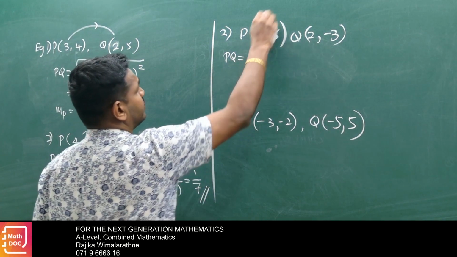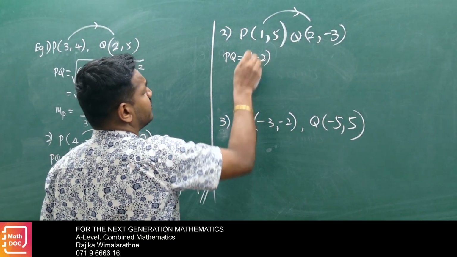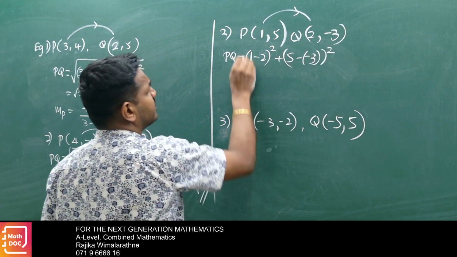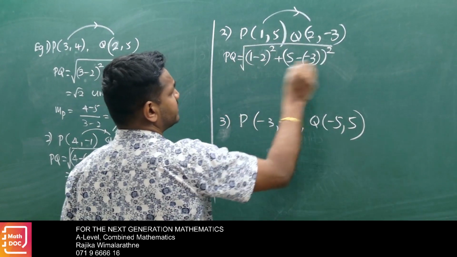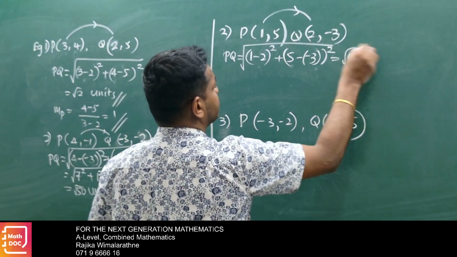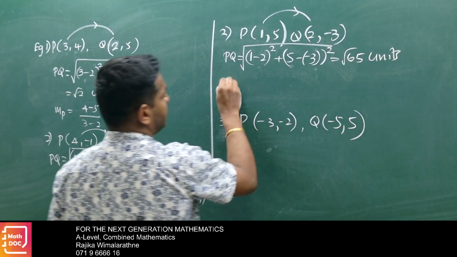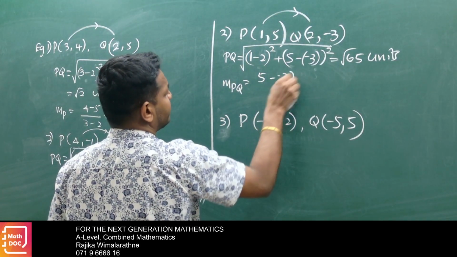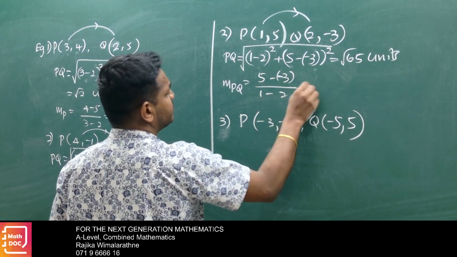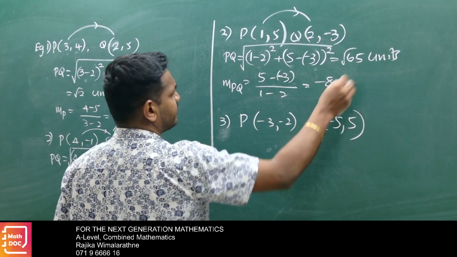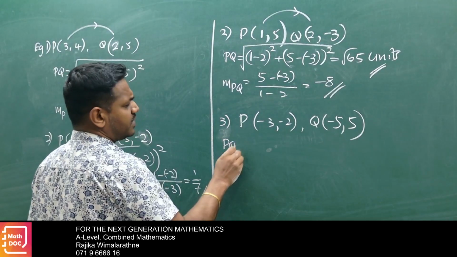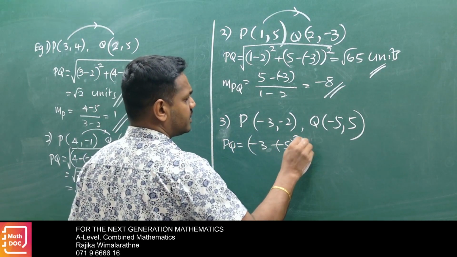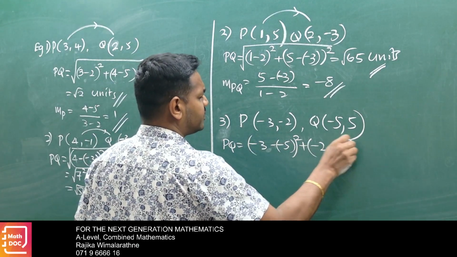Here PQ is the square root of 1 minus 2 squared plus 5 minus minus 3 squared. Here 8 squared, 64 plus 1, root 65 units. Then M PQ, y difference 5 minus minus 3 over 1 minus 2, that is minus 8. For the second one, minus 3 minus minus 5 squared plus minus 2 minus 5 squared, root.